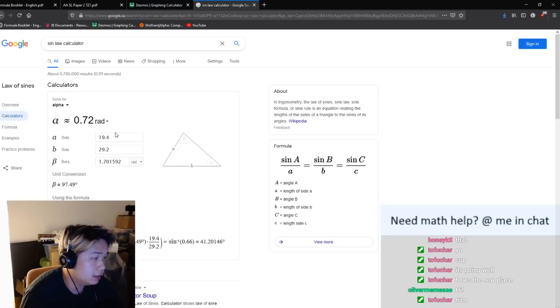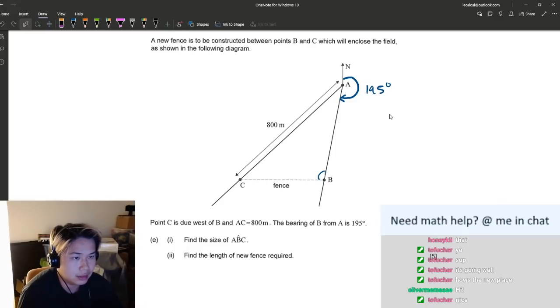As long as I did this right. So let's change it back to degrees. So that's 41.2 degrees. Okay, now let's see if we can get some geometry going here.